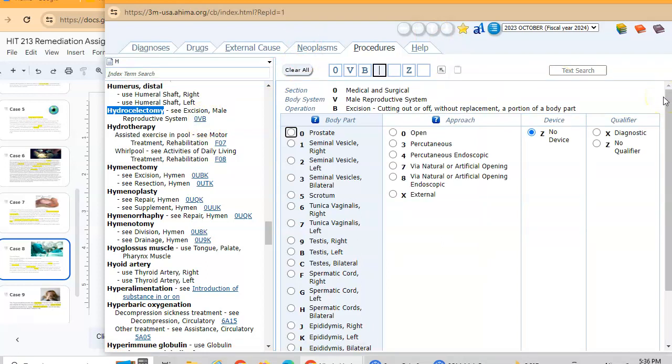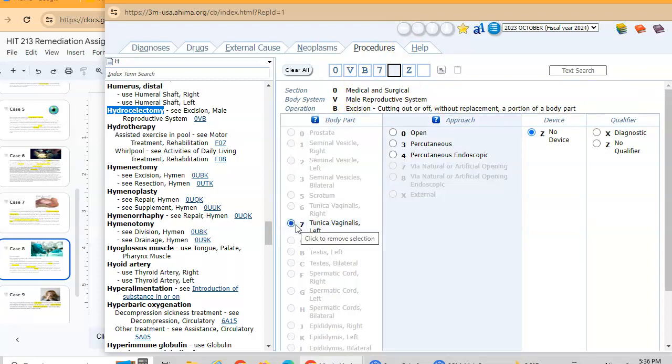We know that, let's see, right here, the tunica vaginalis, and on the left, we know that that's going to be open and that there is no qualifier. So that gives us our code of 0VB70ZZ.